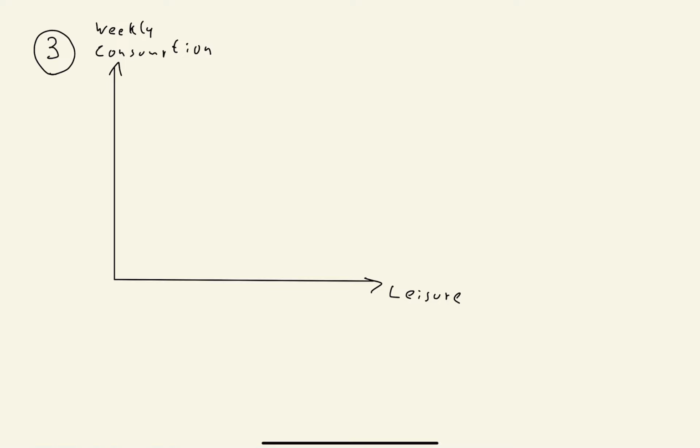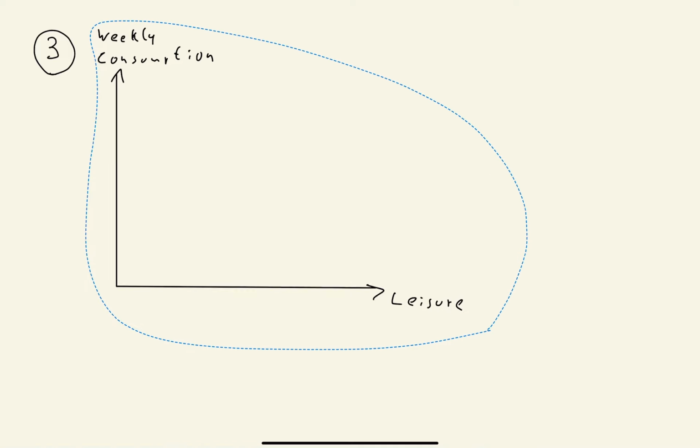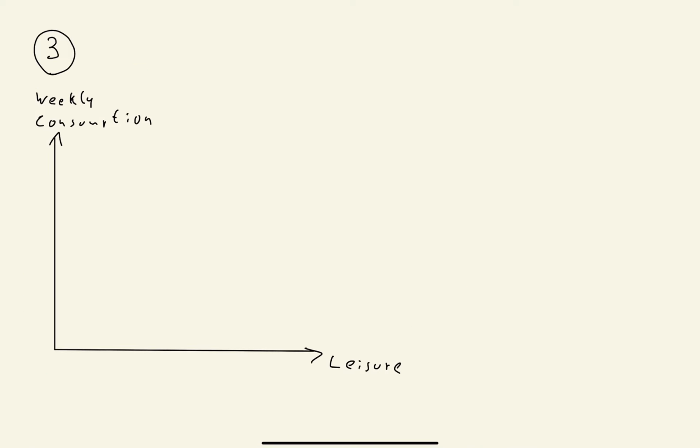So in sub-exercise A, we were asked to draw two budget constraints. So the first one, let me just quickly shift this a little bit to this side here.